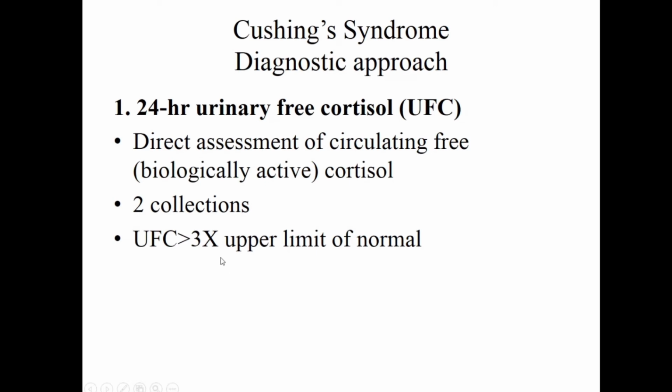So cortisol in the body is of two forms: one is the binding form, and the other is the free form. The cortisol bound to the cortisol binding globulin is a protein, and you know that protein is not normally secreted in the urine, right?